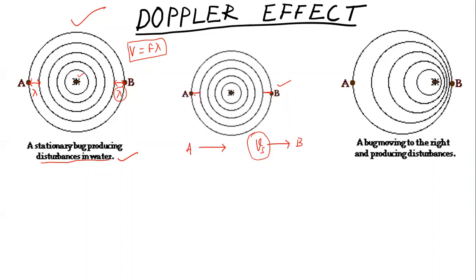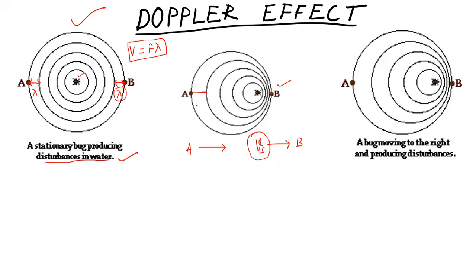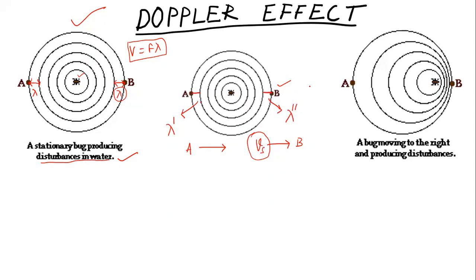You can see that the distance between these consecutive wavefronts here is increasing. And here the distance between consecutive wavefronts is reduced. So why does this happen?